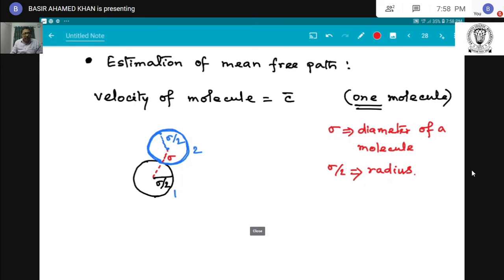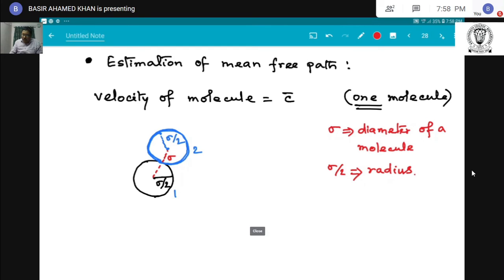That is, we can say that one molecule collides with another molecule when the distance between the two centers is sigma.